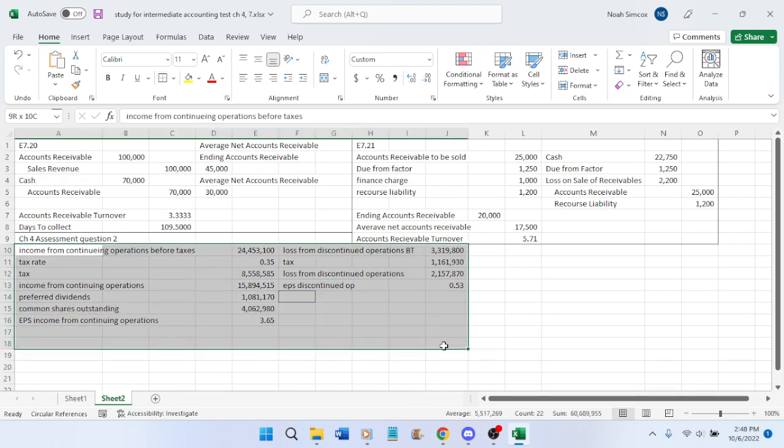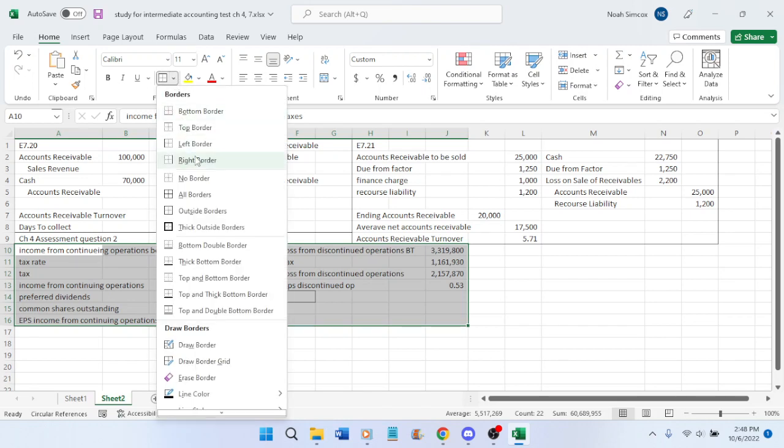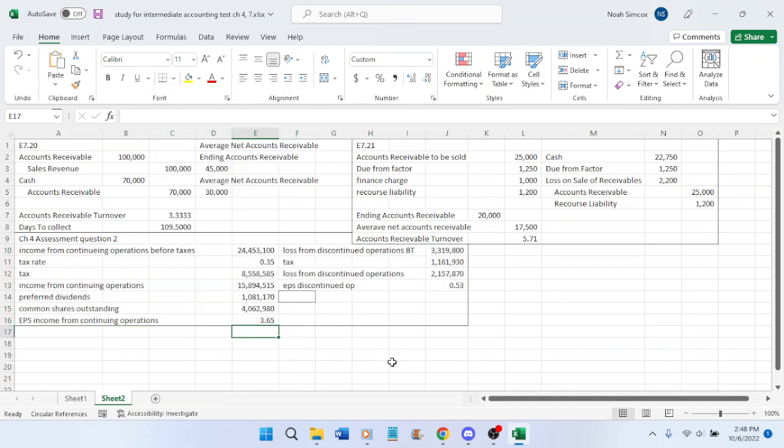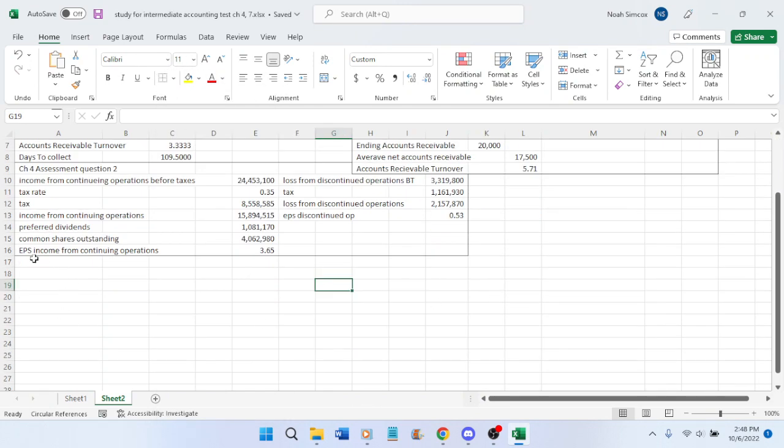Alright, well, we'll just do right and bottom border. Why does this one have borders? Okay. We're just going to make my life easier by going down and doing the next question.